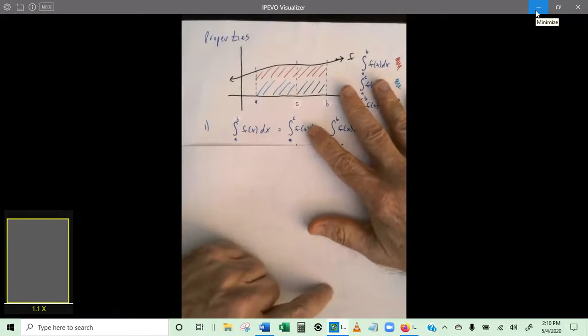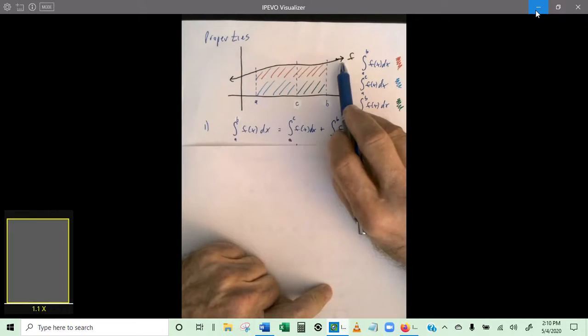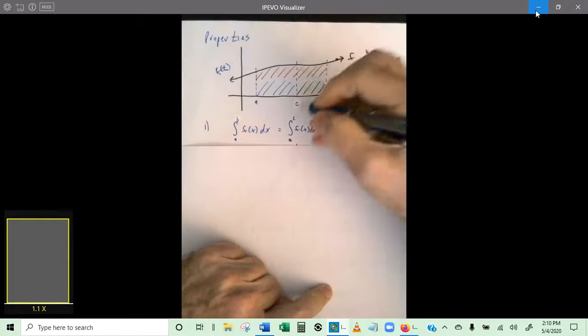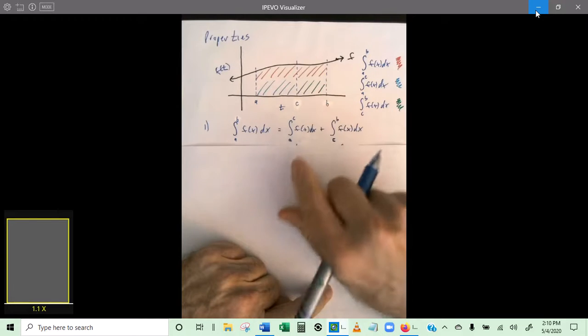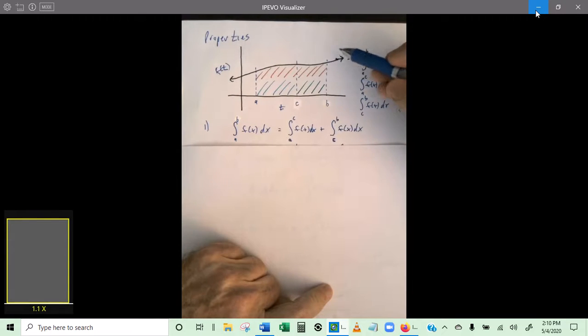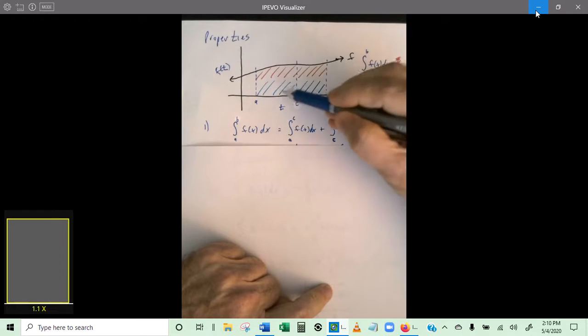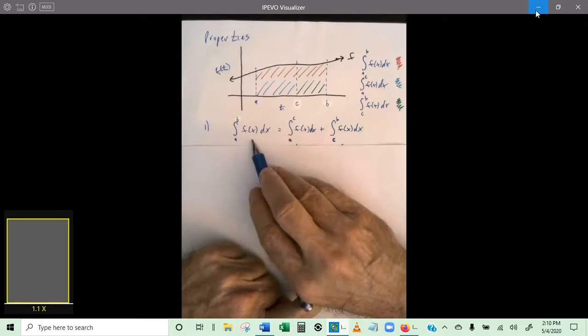Back to the camera here, if we've got f of t, or whatever the horizontal variable is down there, then if the red area on this picture is the total area from A to B, then the green and the blue add up between the two of them together, right? It's like 2 plus 3 would be equal to 5, right? Well, formally it looks like this.